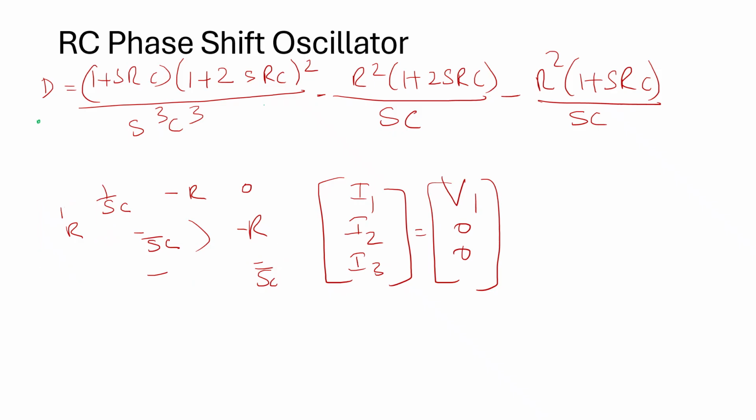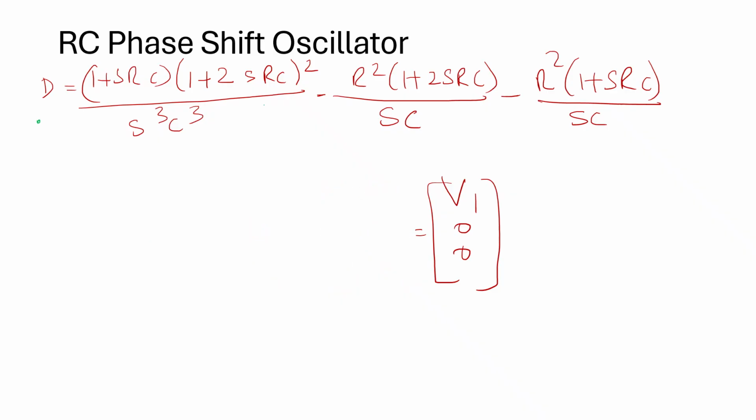So from the matrix, we have developed the required equation. After this, we need to go in for the analysis of the circuit. We need to simplify it.